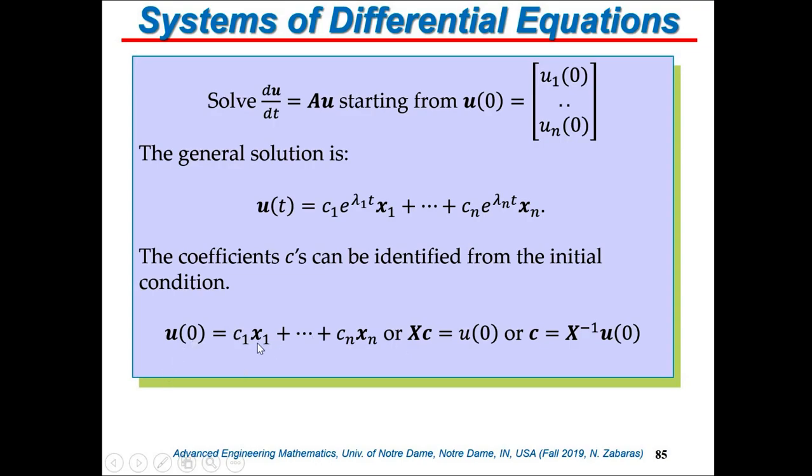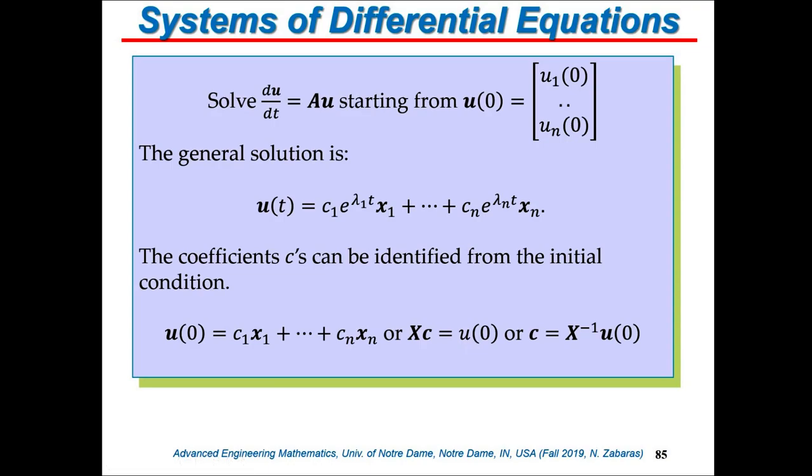So u of 0, I can write as c1 x1 plus cn xn, or I can write this in matrix form as capital X times c, where capital X is the matrix with columns each of the eigenvectors, times this coefficient vector c, equal to u of 0. This u of 0 here should be a bold u.